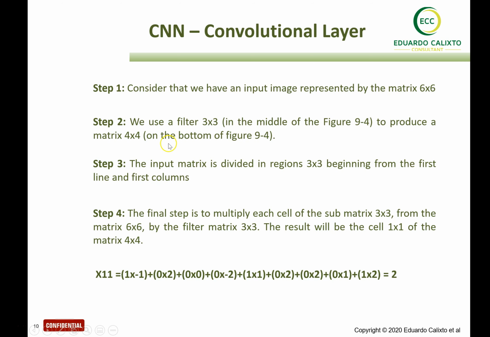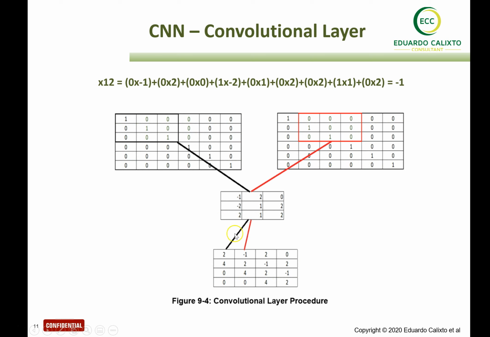We use a 3x3 filter in the middle of this figure to produce a 4 by 4 matrix. The filter is a smaller matrix.